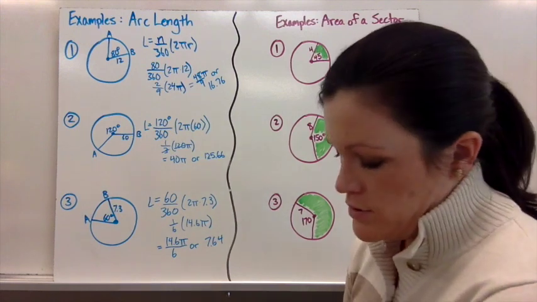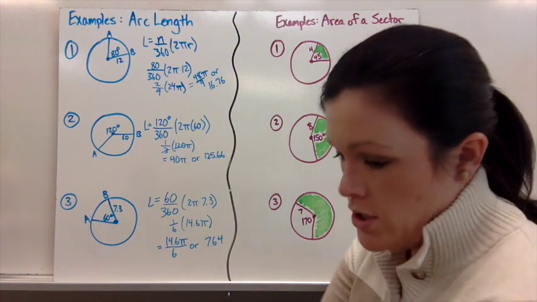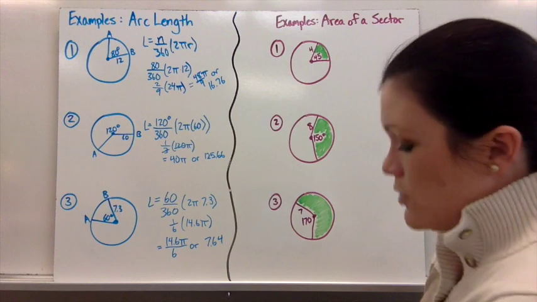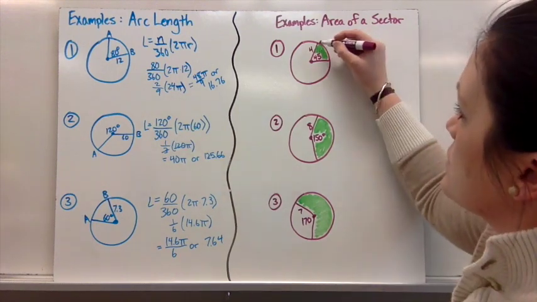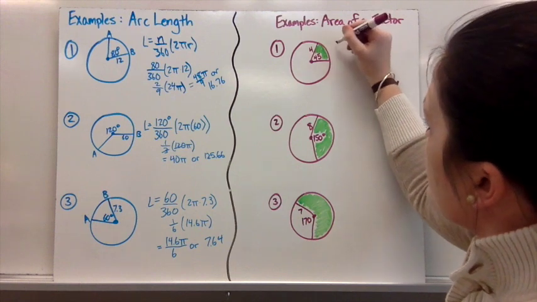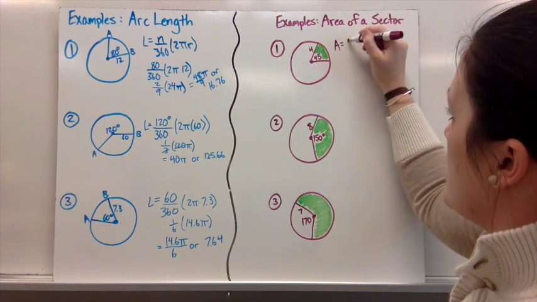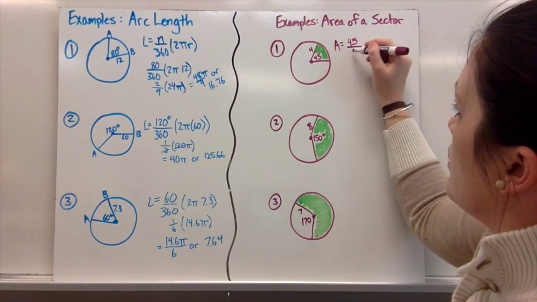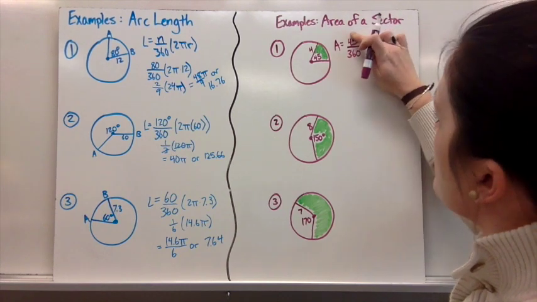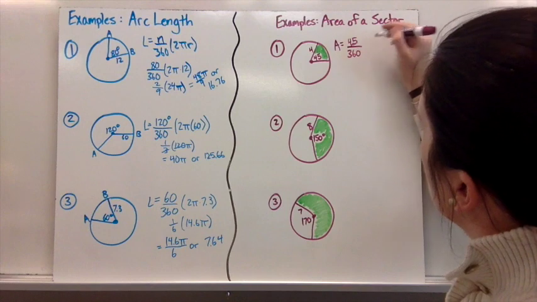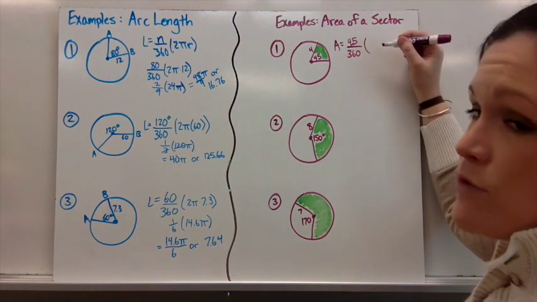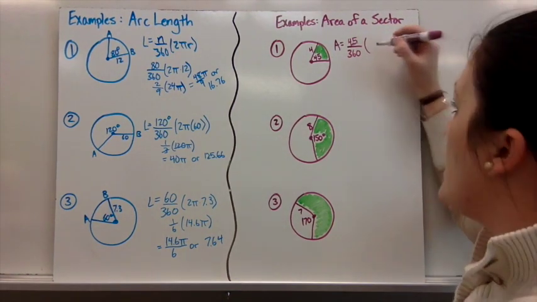Let's look at some examples of the area of a sector. So over here we're looking for a part of the whole area. This one is just this little piece of the circle. So we would have area is 45 degrees over 360 degrees, times the area formula for a circle, which is pi r squared.